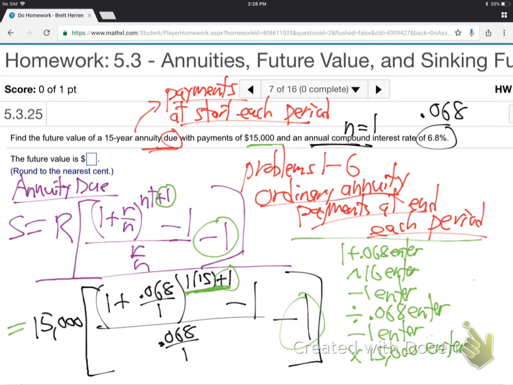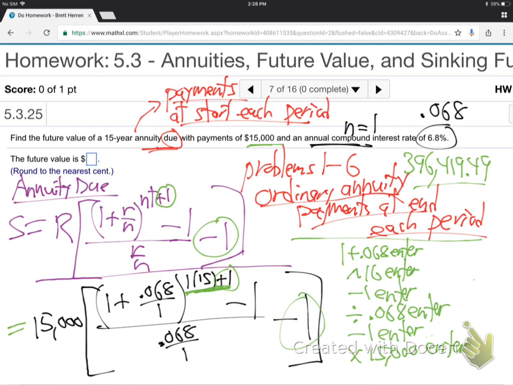That's a good answer. I'm getting 390,419.49. You guys getting that? Okay. That's how big the pile will be at the end of that process.